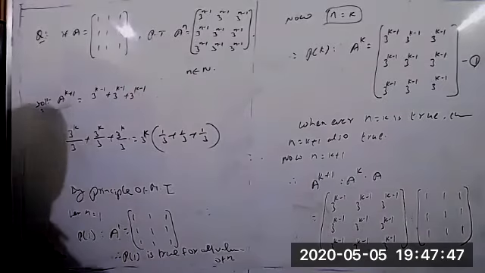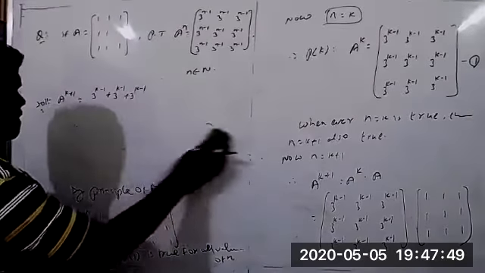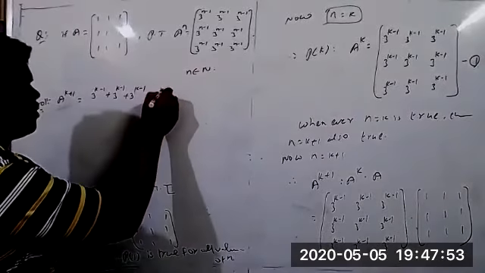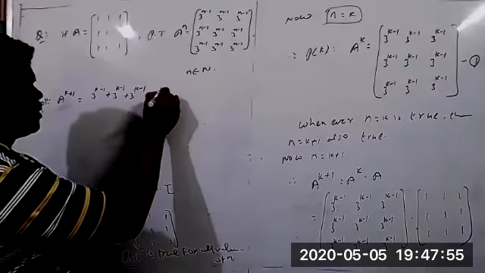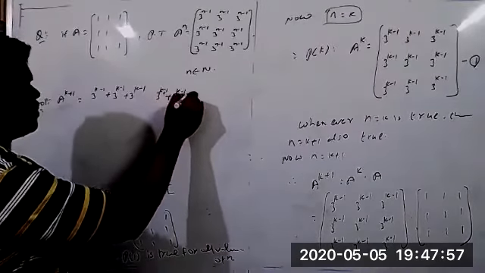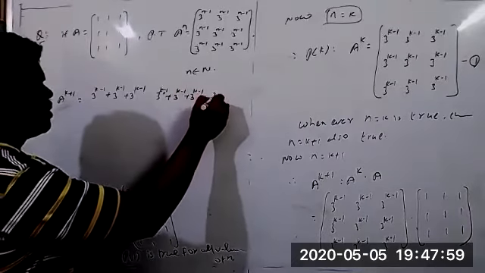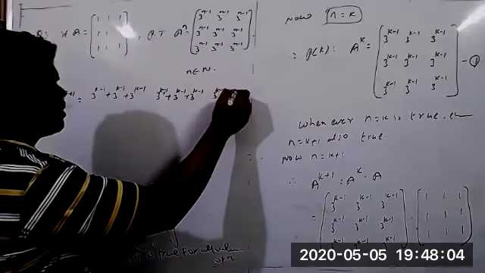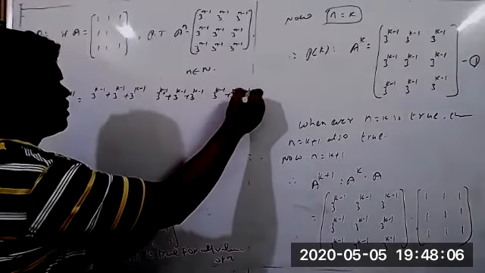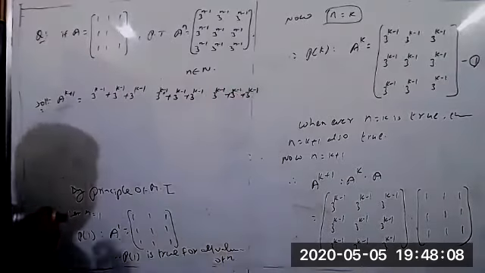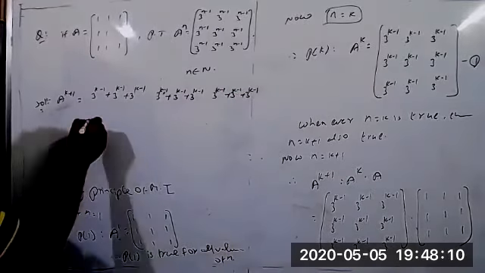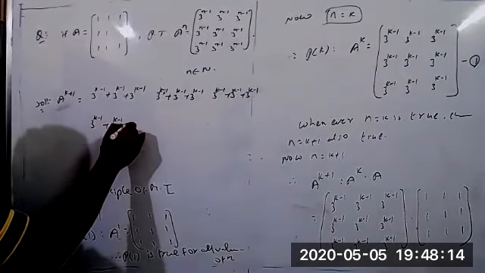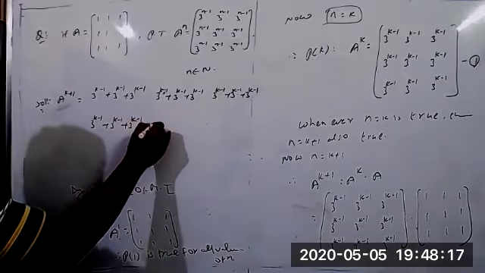So clearly you can write now: multiply it, the first one is 3 power K minus 1 plus 3 power K minus 1 plus 3 power K minus 1, and the next rows are all the same again.